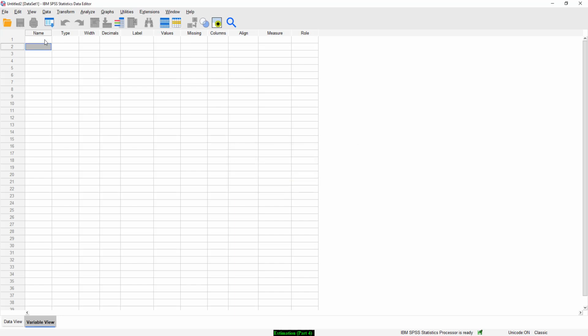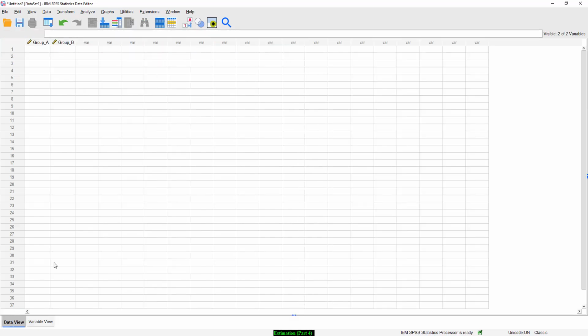So use group underscore A, and group underscore B. I define measure as scale for both groups, and then in data view I key in 10 data, any data.